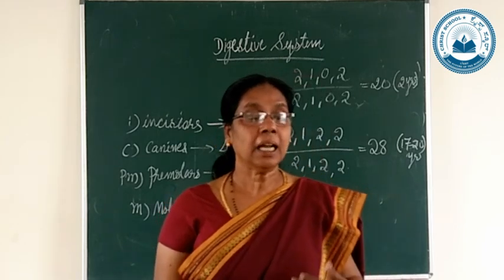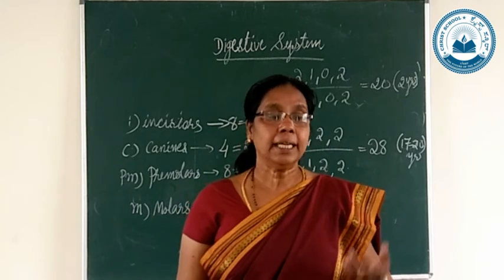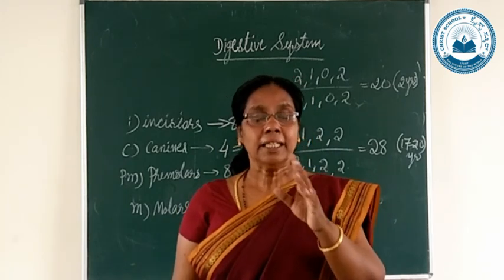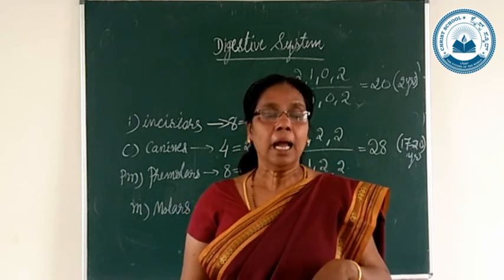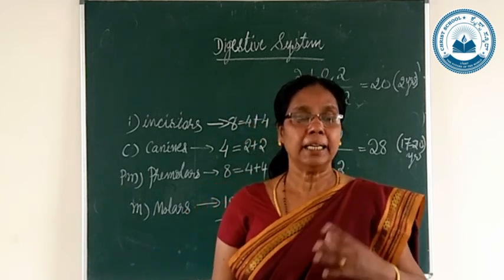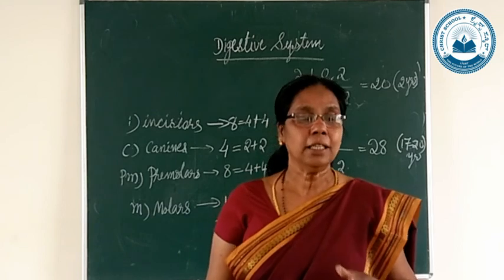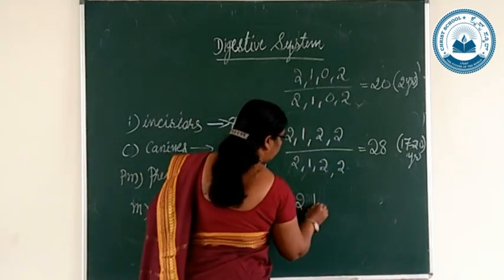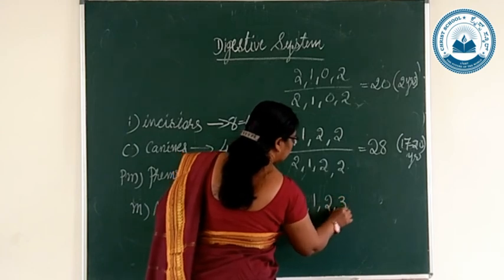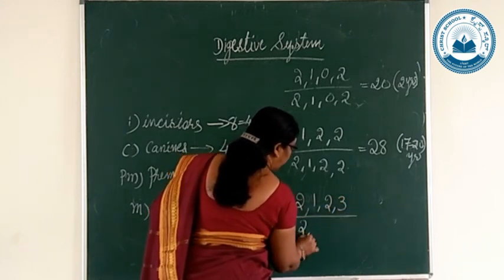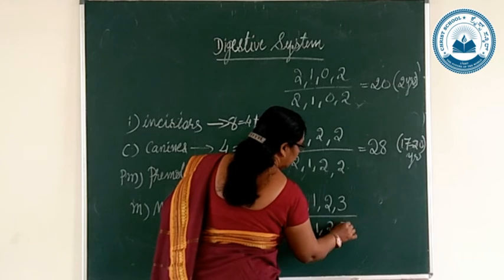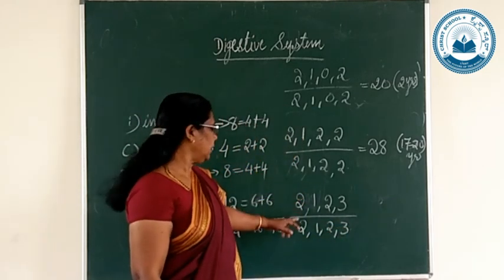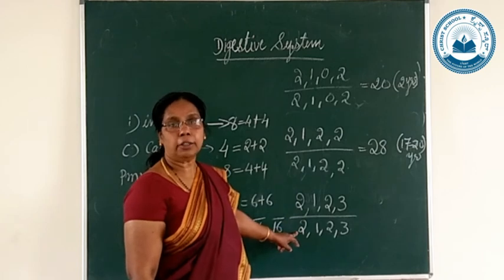Okay. Then coming to an adult, that is permanent teeth. What is the number I told you? That is 32 in number, and the dental formula of an adult is 2123. 2, 1, 2, 3. This is on the upper jaw and this is on the lower jaw.